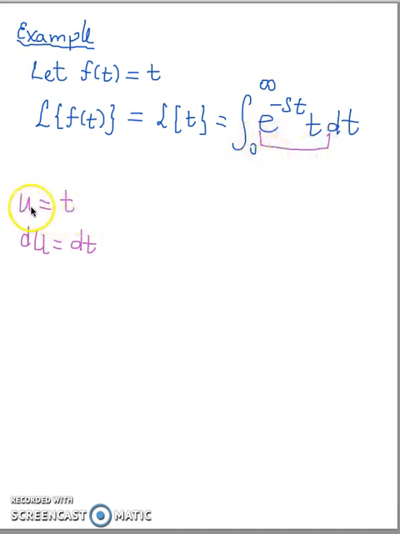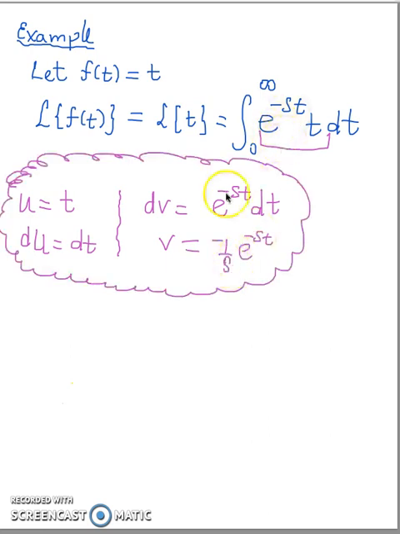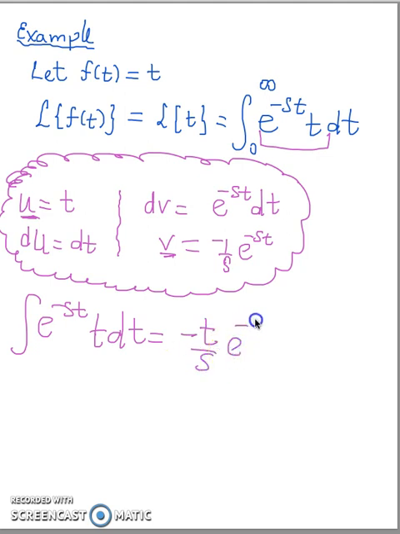Let's think of the variable u being equal to t, and dv being equal to e to the minus st dt, which means that v would be minus 1 over s e to the minus st. So the integral of e to the minus st t dt would be u times v, which is minus t over s e to the minus st, minus the integral of minus 1 over s e to the minus st dt.